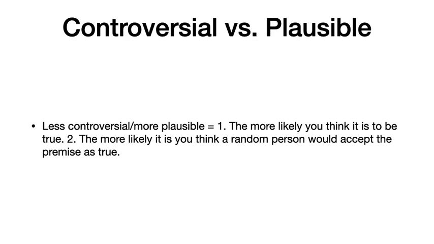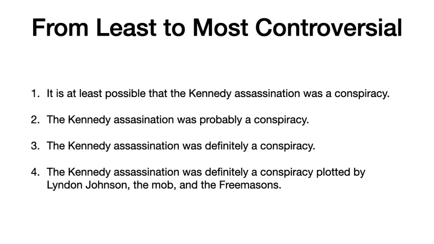All right, so let me give you guys an example, least controversial to most controversial. It is at least possible the Kennedy assassination was a conspiracy. Well, I'm actually pretty skeptical about this, but I at least admit that it's possible, right?